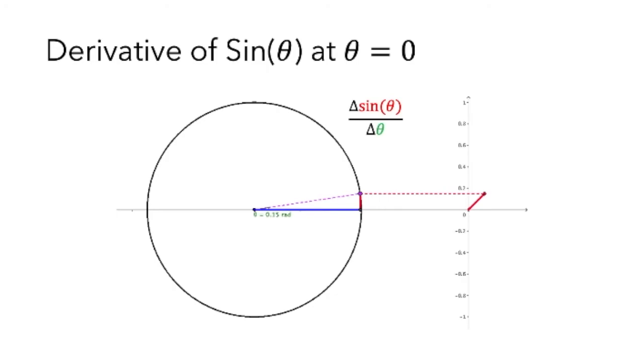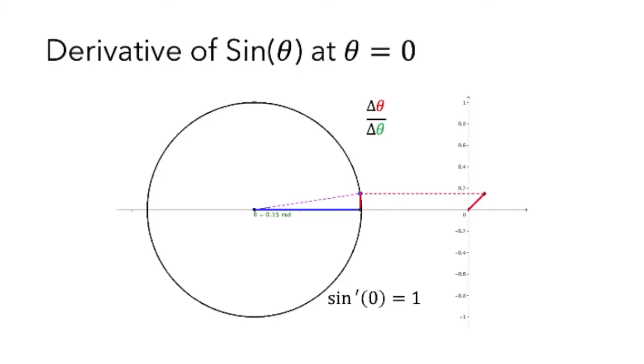So in a sense, all of theta's increase went into the opposite side of the triangle, the red line. This suggests that when theta was 0, the length of the red line increased the same amount as theta. This tells us that when theta equals 0, the derivative of sine is 1.